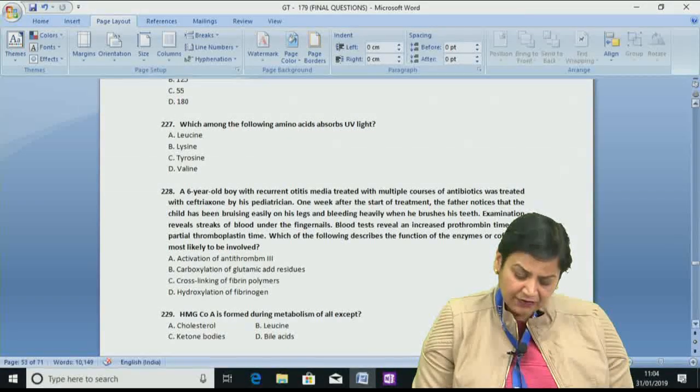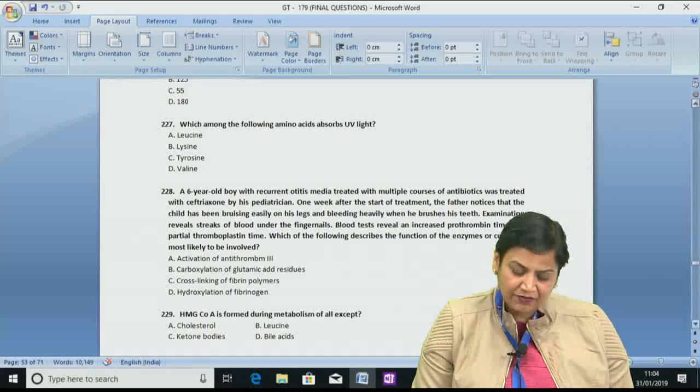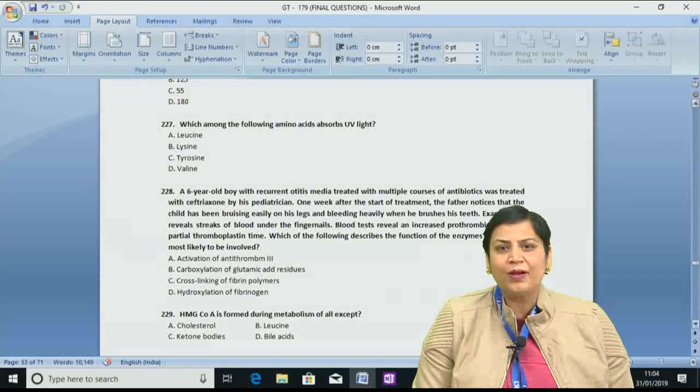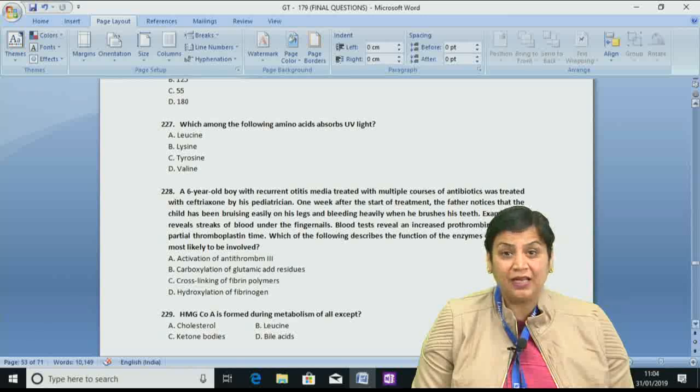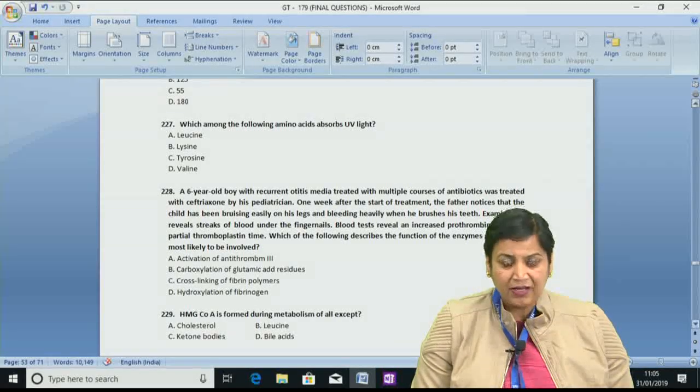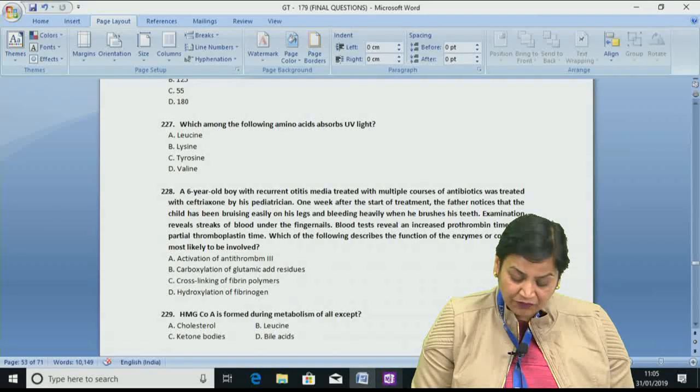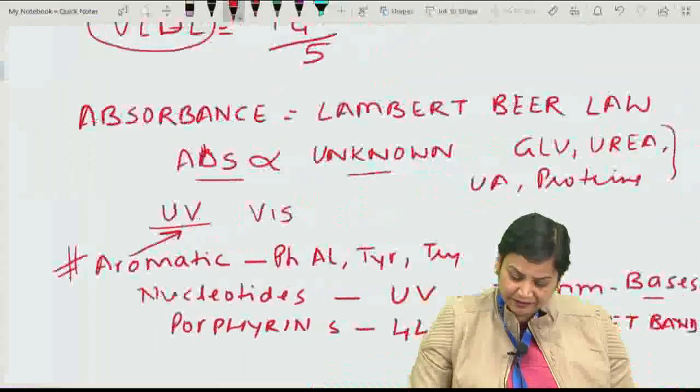Now see, here, which of the following describes the function of the enzymes or cofactors? Whenever we talk about this, automatically the answer is vitamin K, which is also known as the anti-hemorrhagic factor.